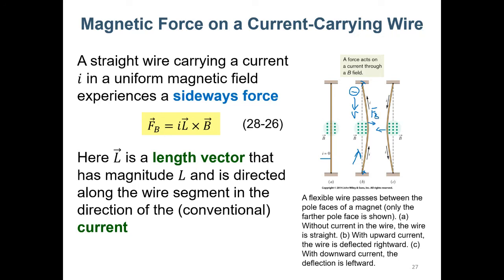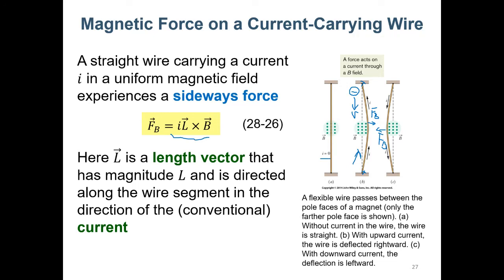You can imagine that if the current is going from top to bottom, then F_B should point to the left side. And actually, we can calculate it like this.